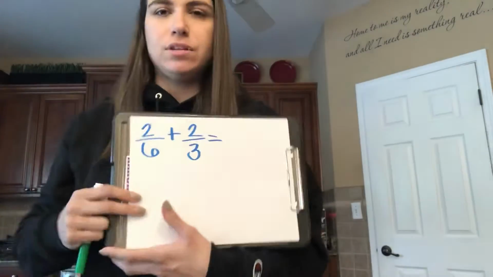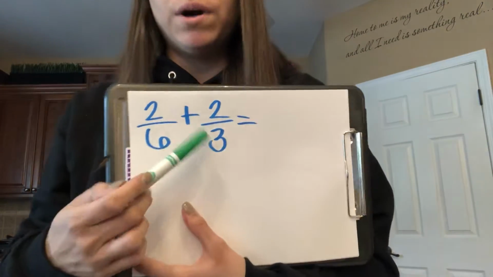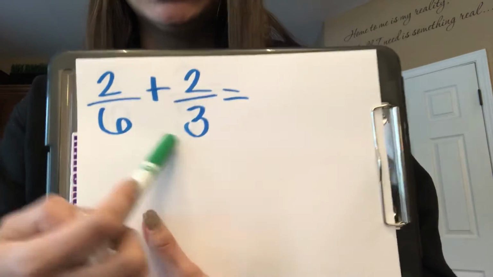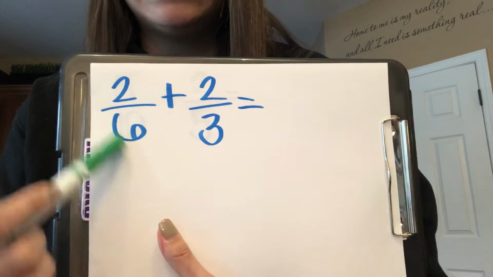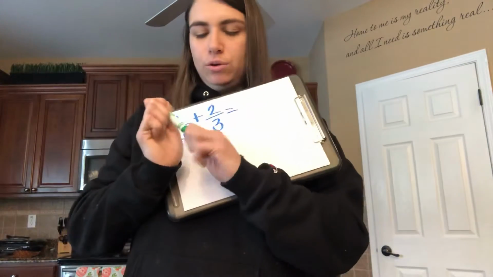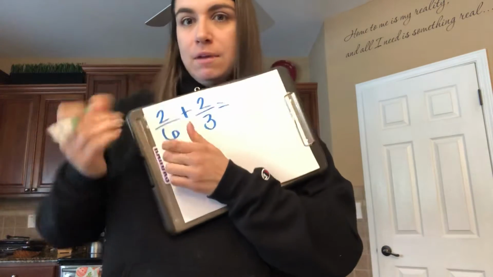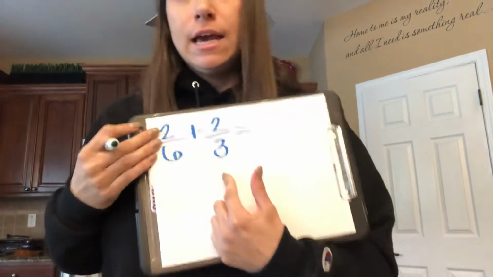All right, so now that you've solved it on your own, we're going to change one of the denominators to make them the same. So I'm going to change the thirds and make them into 6. So remember, if I have to make an equivalent fraction, I have to multiply the top and the bottom by the same number. So I'm going to take 2/3 and I'm going to multiply by something to get 6.